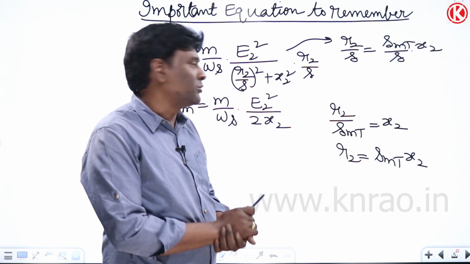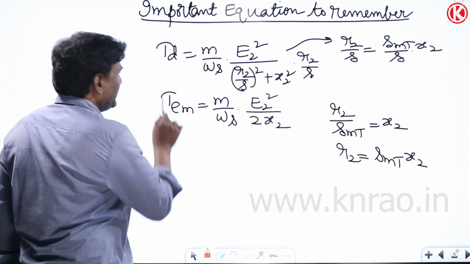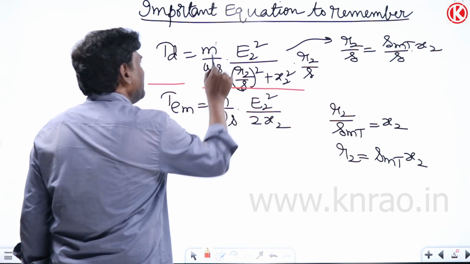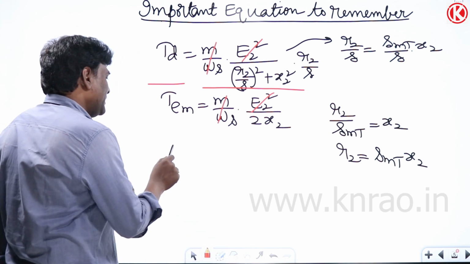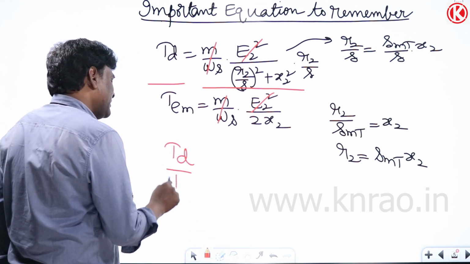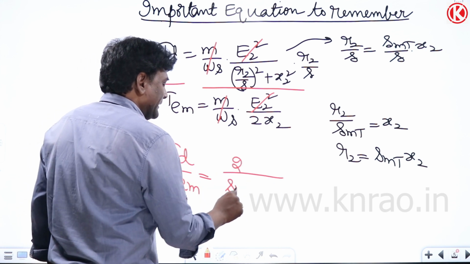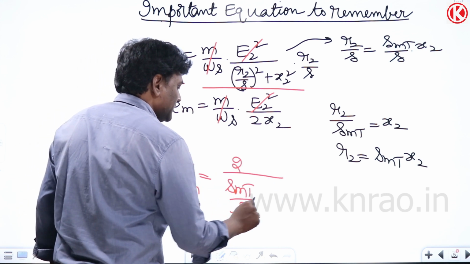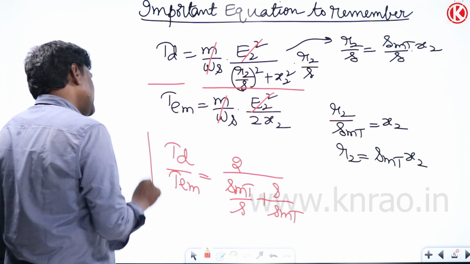It's actually a very small derivation only, because in TD divided by TEM, m by omega s will get cancelled, E2 square will get cancelled. Ultimately, TD divided by TEM is going to be 2 divided by SMT by S plus S by SMT. This has to be remembered.